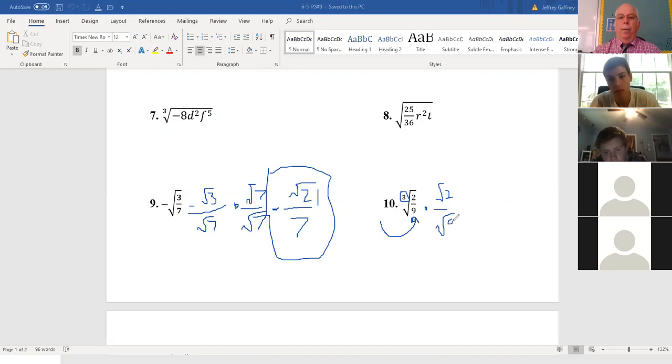It's the square of 3. Okay. So remember the golden rule is I can't have a radical in the bottom. So what do I multiply by? It's a little different. What do I multiply by, since it's a cube root, to get rid of that radical in the denominator? Good question. This is a thinking one here.